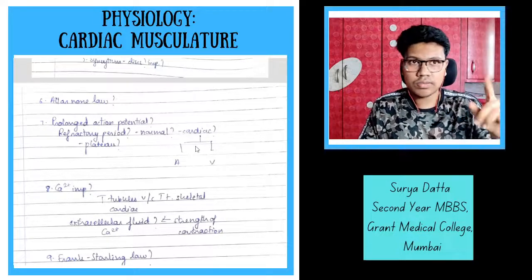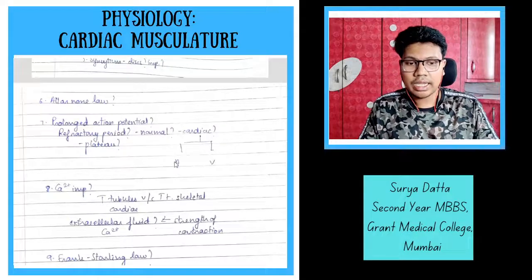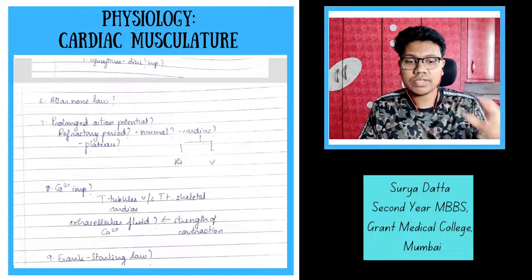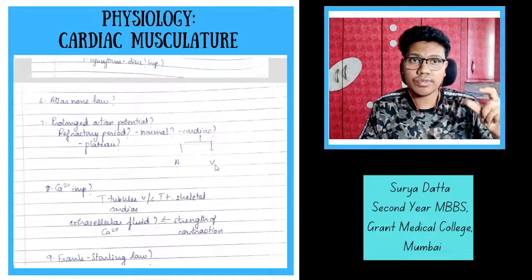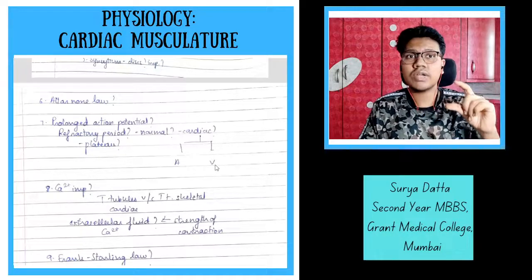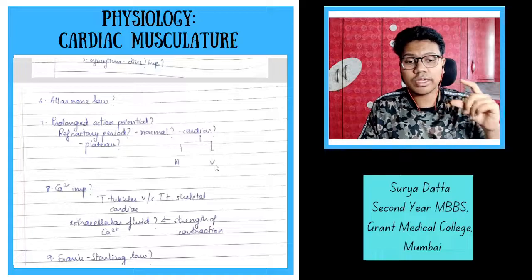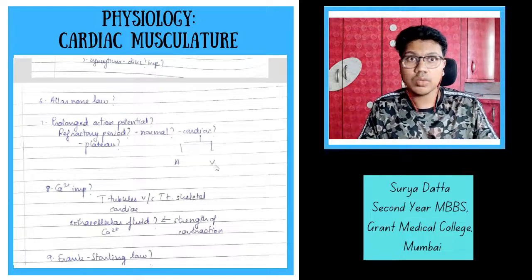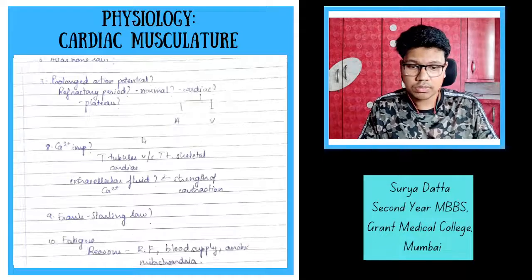But I'll give you some extra information here: the atria will be around 0.15 seconds, but the ventricles surprisingly have 0.25 to 0.35 seconds of refractory period. So if I continuously stimulate, the atria are going to get stimulated more frequently than the ventricles, which can sometimes be asked as a question.